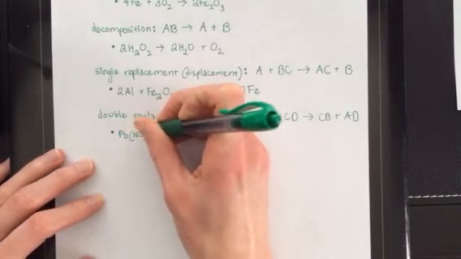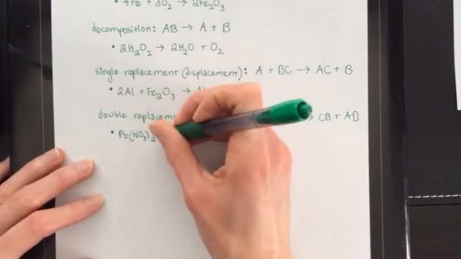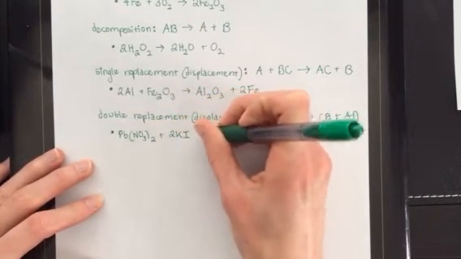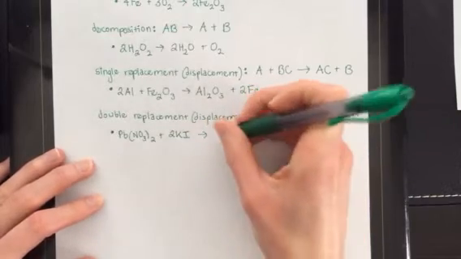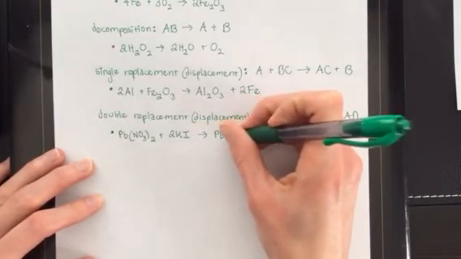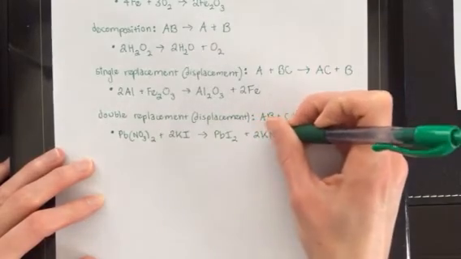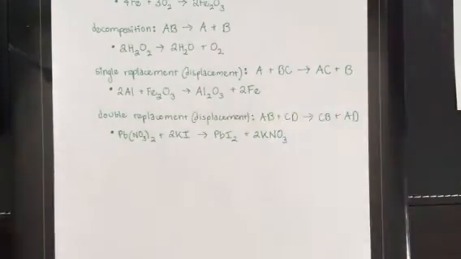So we take lead nitrate and react it with potassium iodide, and that makes lead iodide and potassium nitrate. And the place where you saw this is when we did that lab with the droplets on the sheet protector, and there was the one square where you mixed two clear liquids and suddenly it turned yellow.